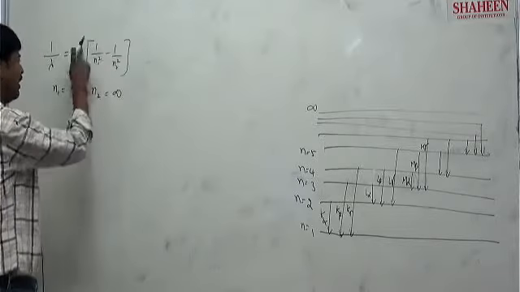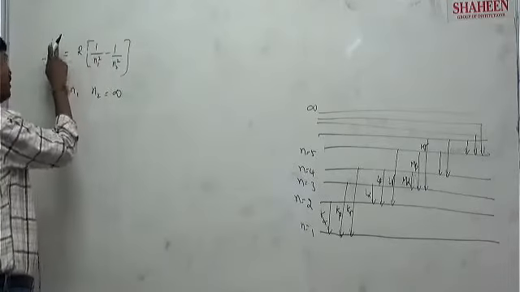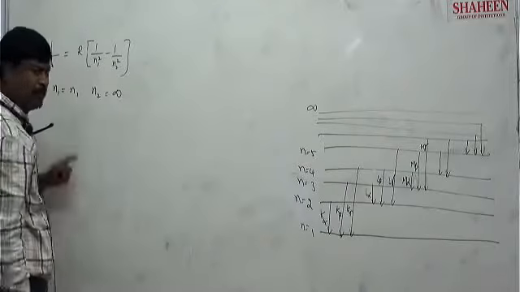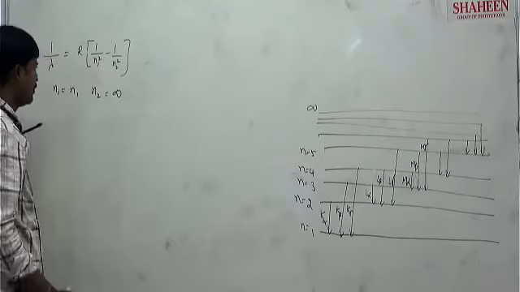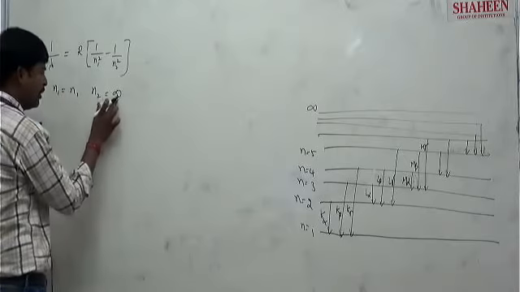Maximum value it will come. So this quantity maximum means 1 by lambda will be maximum, so lambda will be minimum. So n1 is equal to n, n2 is equal to infinity.